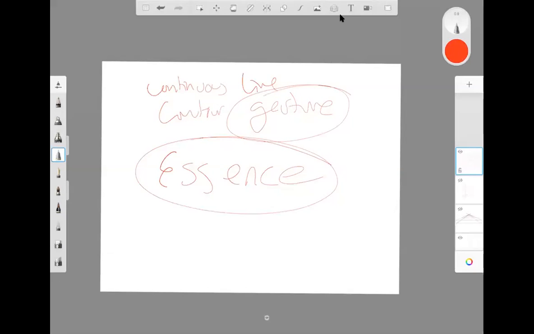When you flick somebody off, right, you give them the middle finger, it's a gesture. It says a lot. It is the essence of your feeling in that moment. Like you're saying a lot, you're signifying a lot. It is a gesture that is the essence of your emotion in that minute that you do that.